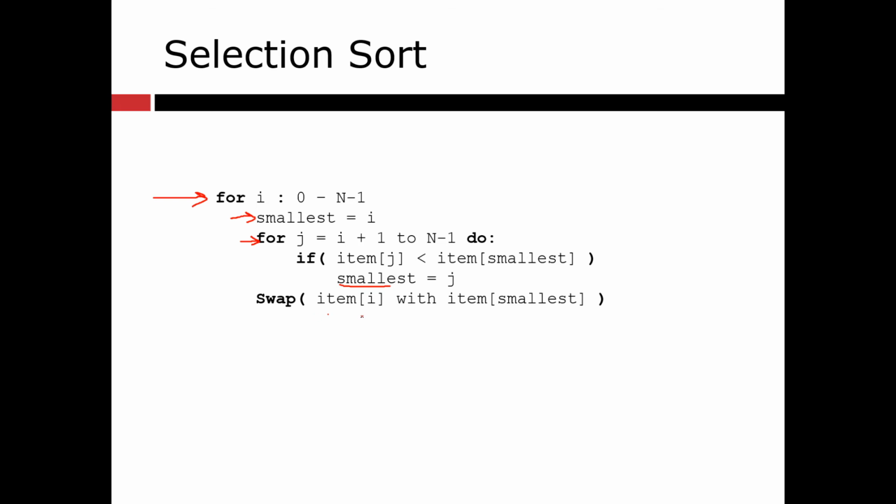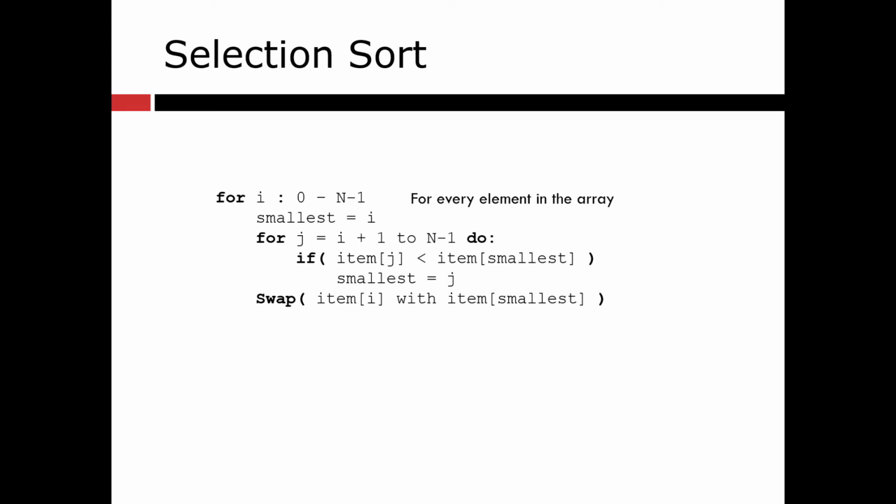And then lastly, we're going to swap the position we are trying to fill with the smallest item that we found. And that's what I mean by we're actually always going to swap. We just haven't really shown that. So technically this is going to be like item 4 swapping with item 4. It's just our algorithm doesn't care about that yet.